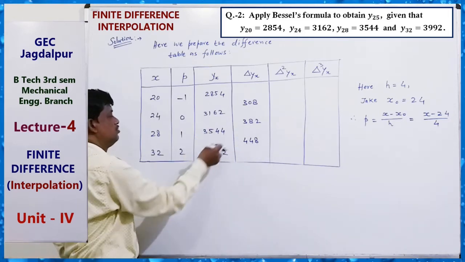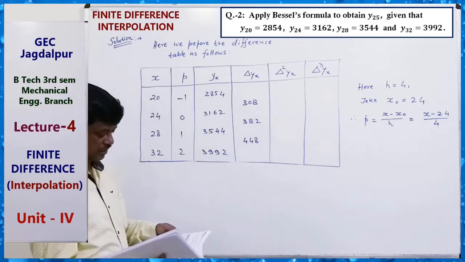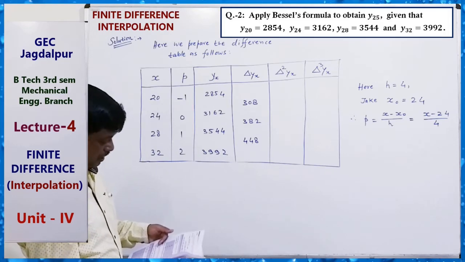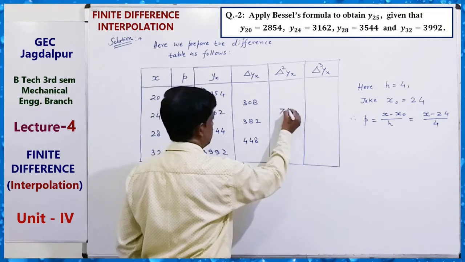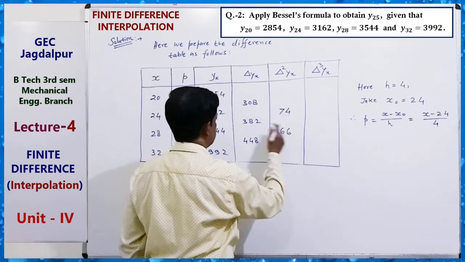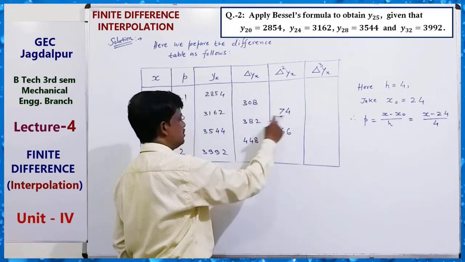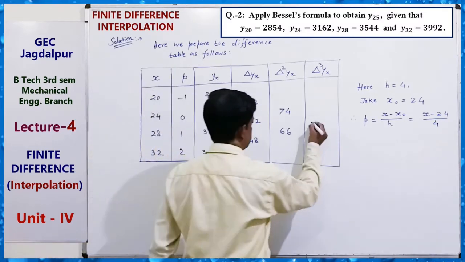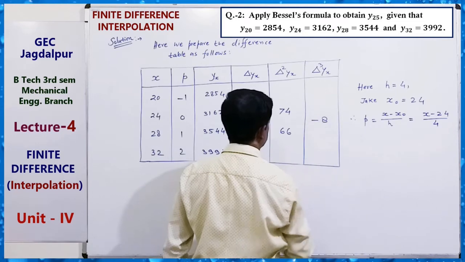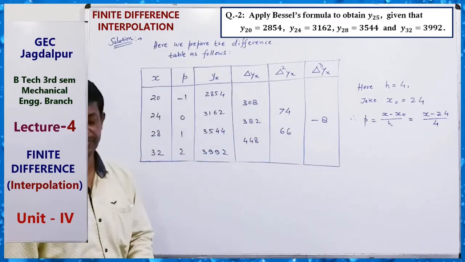This minus this equals what? 308. Take the differences: 382, 448. Then the differences of those: 74 and 66. Take its difference, and we get minus 8 here. Clear? This is the table.